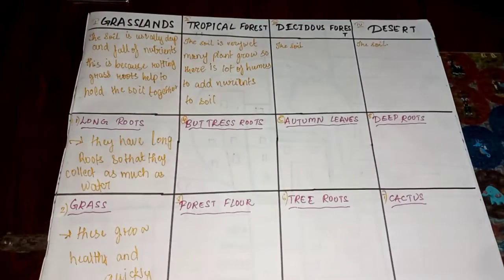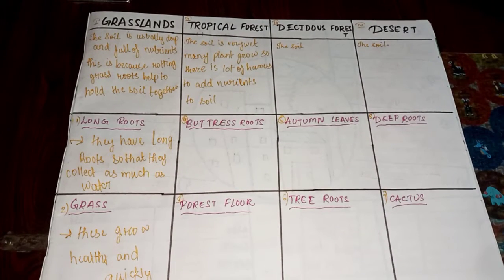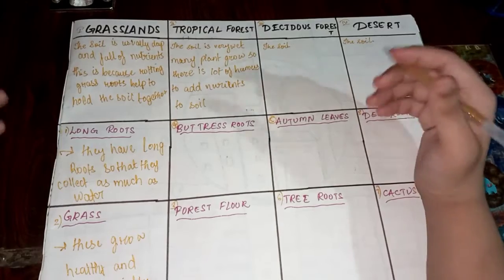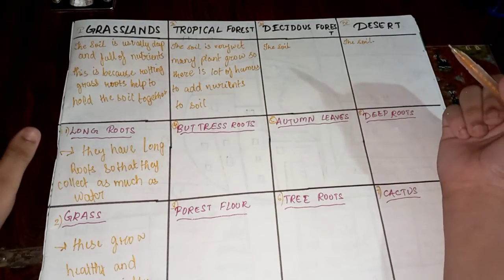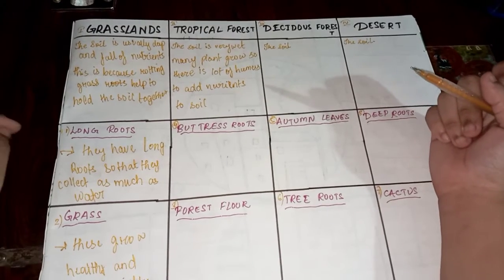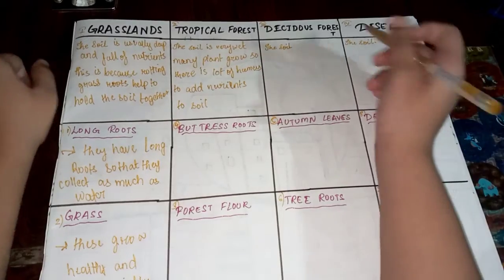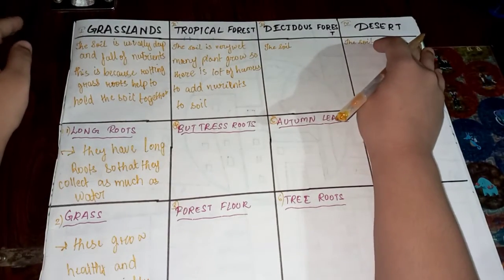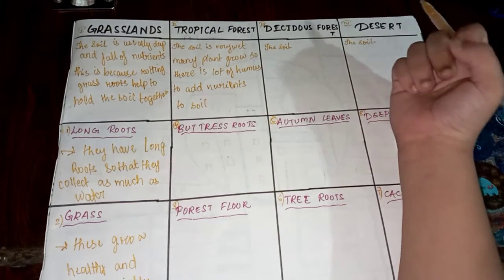If you have noticed, the forest, grassland or any other feature of land are helping each other. In these tropical forests, the soil is very wet and many plants can grow. There is a lot of humus to add nutrients to the soil. As many plants are growing, there are very many nutrients added to the soil.